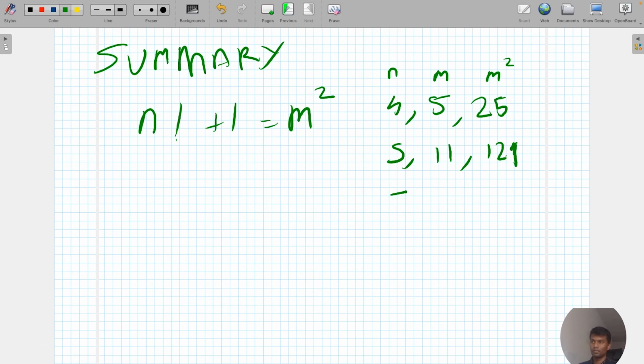Then we have 7, 71, and 5041. As you can see, for this particular equation, these are the only sets of numbers which satisfy this. So in the entire infinity of positive integers, only these numbers are special, and that is why I believe this particular property is very special to the number 120.